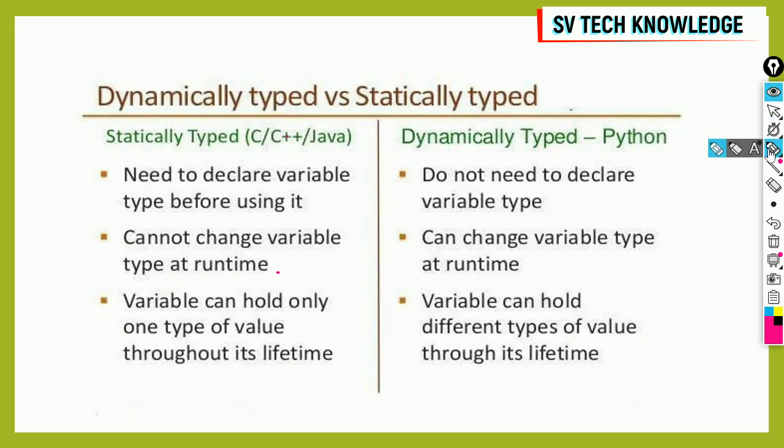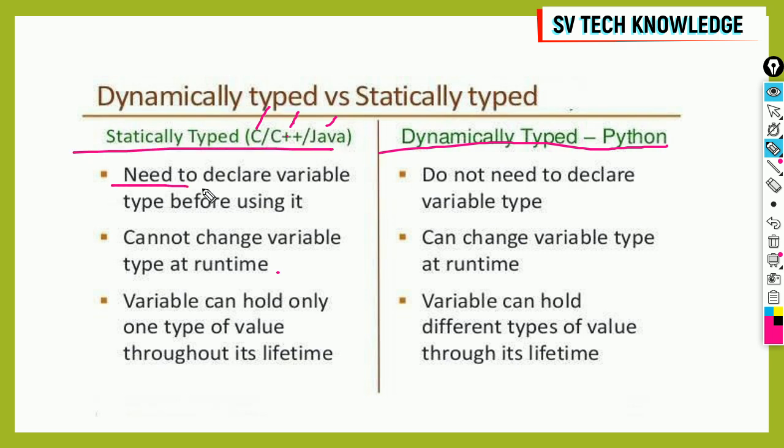Coming to dynamically typed language, I said Python is a dynamically typed language. What is the difference between dynamically typed language and statically typed language? As per technology, C language, C++ and Java, these three are statically typed languages, and Python is a dynamically typed language.